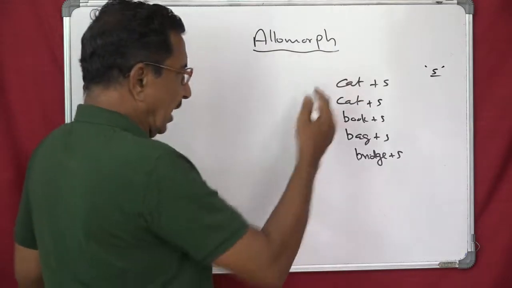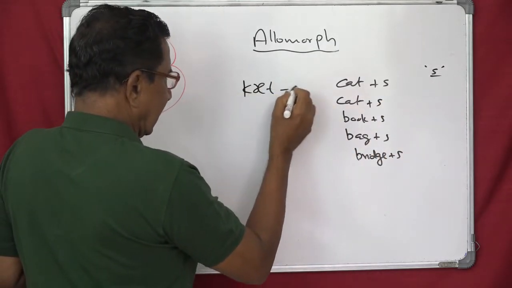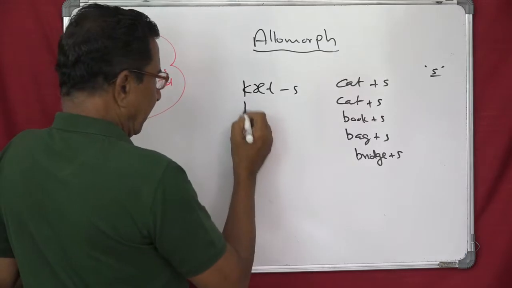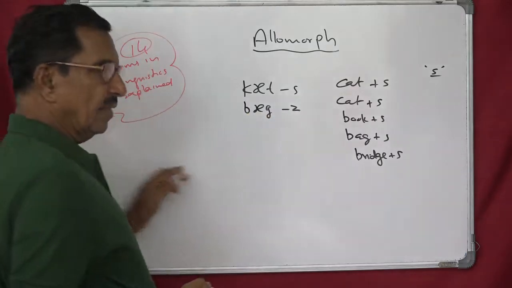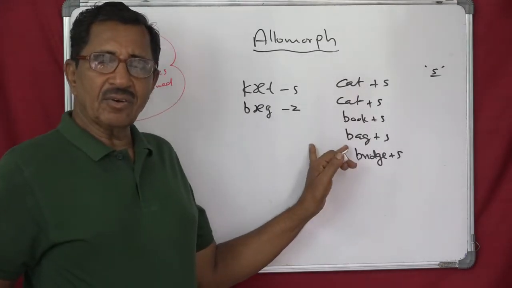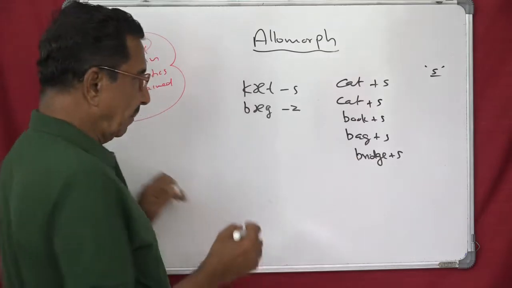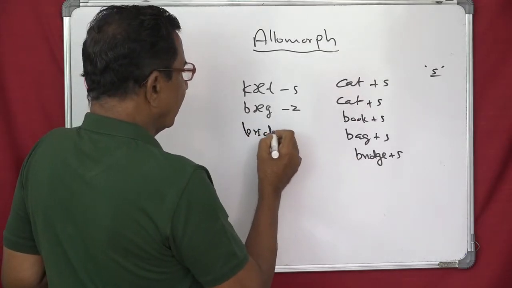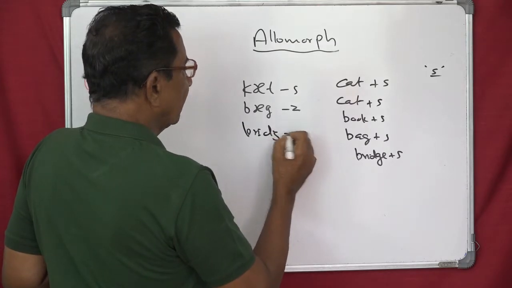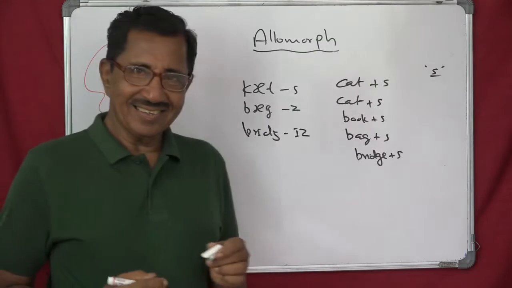When you transcribe this, you say cats, bags, bridges. You don't say bags with an s, but bags with a z. Understand? Bridges. See that?